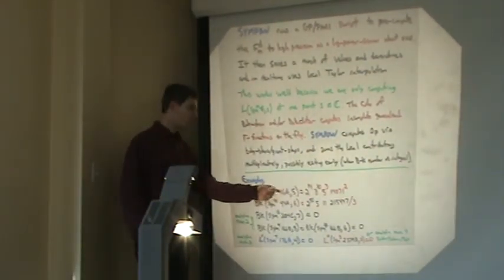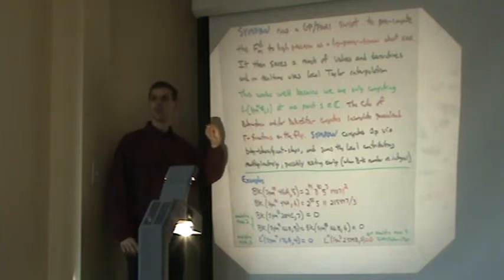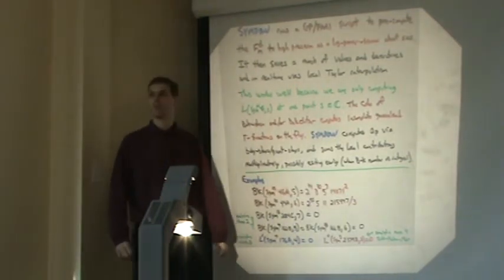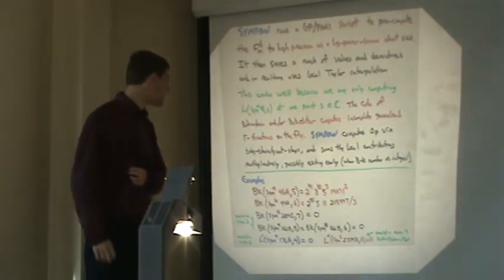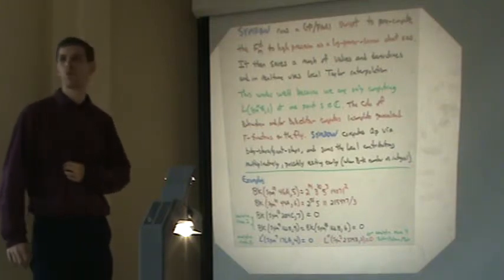I computed the Bloch-Kato number that I listed before. There's this ratio of an L-function and its periods, and I got this integer. But there's some stuff that goes into it that we don't know how to compute. We don't know how to compute the right-hand side of things.